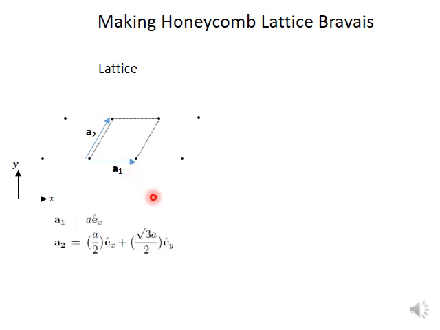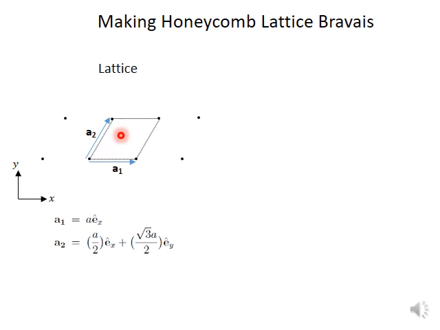So if a1 has a magnitude a, then a2 would have this much magnitude along the x direction and this much magnitude along the y direction, and this you can easily check by the geometry of a hexagonal shape. Now we have taken this point as a reference point of the unit cell, and we can define the basis with respect to this reference point as shown here.